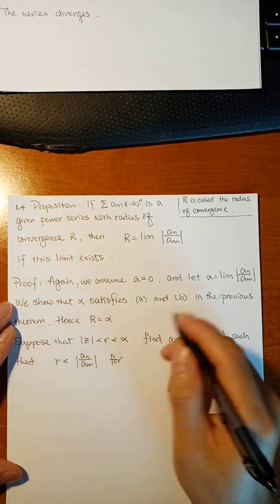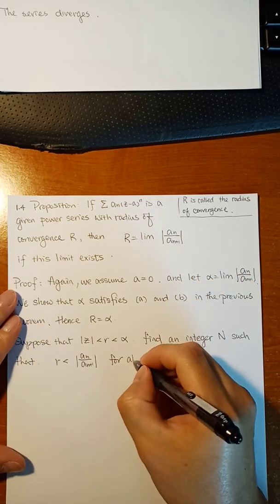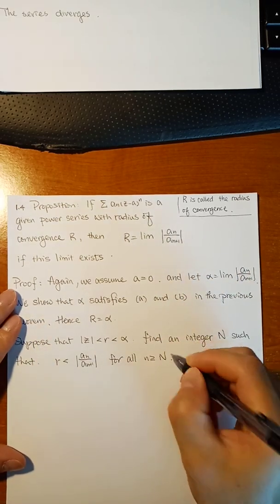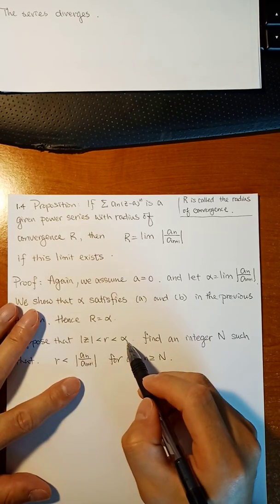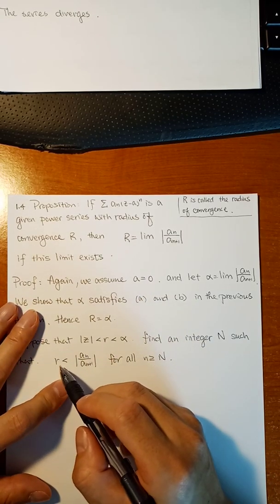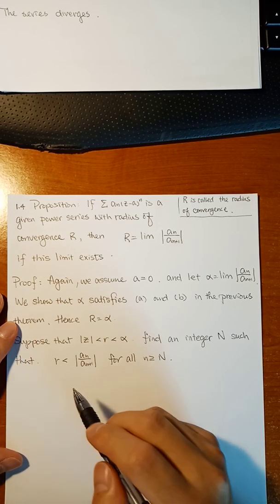So r will be less than the absolute value of a n over a n plus 1 for all n greater than or equal to capital N. For sufficiently large n, this number will be very close to alpha, so it will be greater than r.